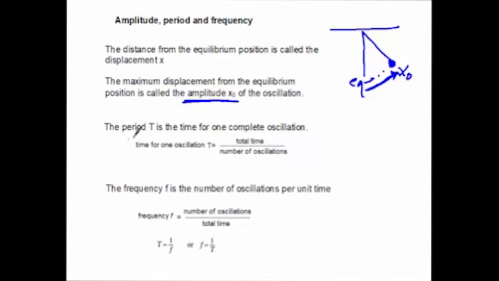Now we want to know the time period. We have to know first a complete oscillation. For example, for a pendulum, if it starts motion from here, this is only a quarter of the oscillation. When it comes to the other point, it's half of the oscillation.